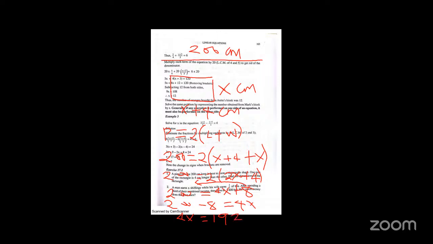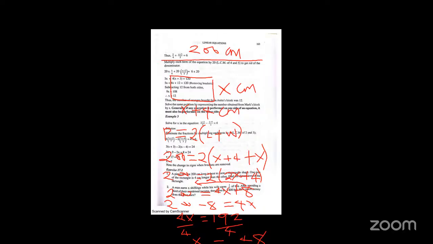Then at this point, we can divide by 4, divide by 4. x will be equal to, when you divide 192 by 4, what do you get? Is it 46 or 48? 48, sorry. So we get our value of x being equal to 48.